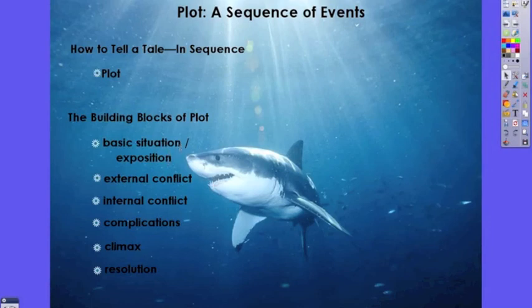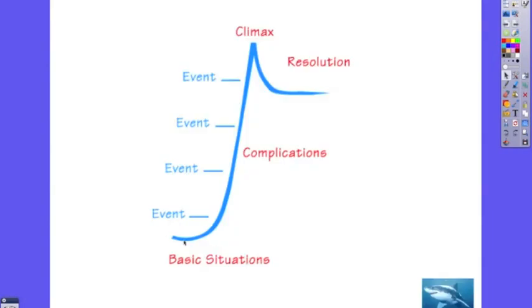In between our basic situation and our climax, we have rising action, but that is all of this conflict. Remember, this is how it goes: the story rises in suspense and then drops into a resolution, into a solution to our problem.